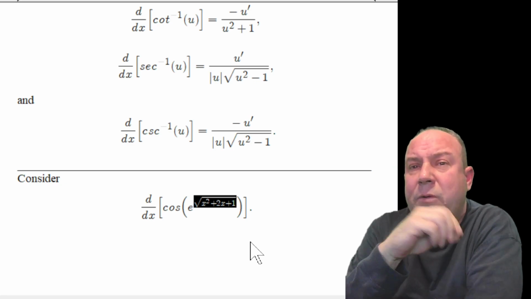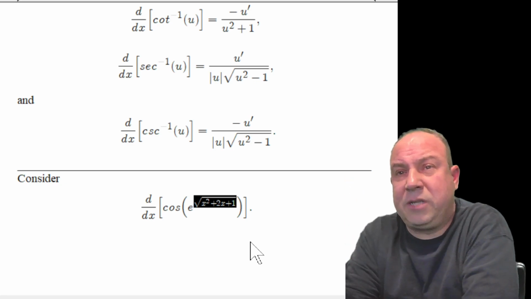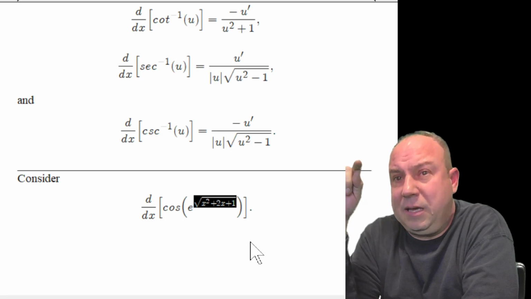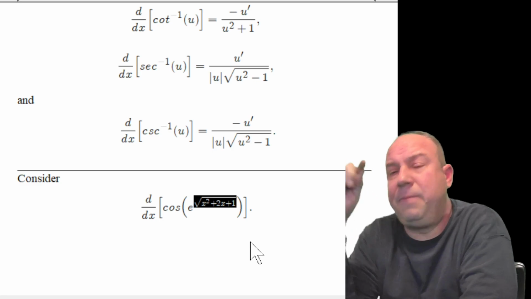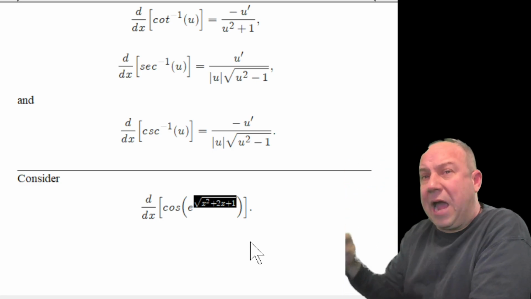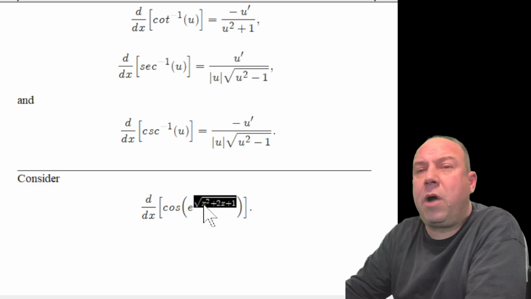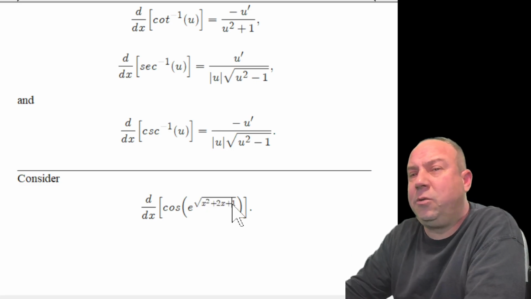So here we have a square root of x squared plus 2x plus 1 being composed with e, and then composed with the radical, we have inside there the quadratic, x squared plus 2x plus 1.